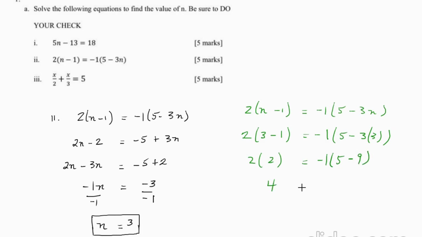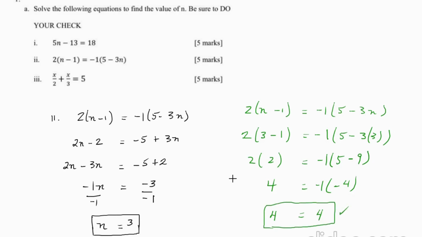So this is 4, and this is minus 1 times 5 minus 9, which is minus 4. So 4 then is equal to minus 1 times minus 4, which is positive 4. So this checks out. All right.